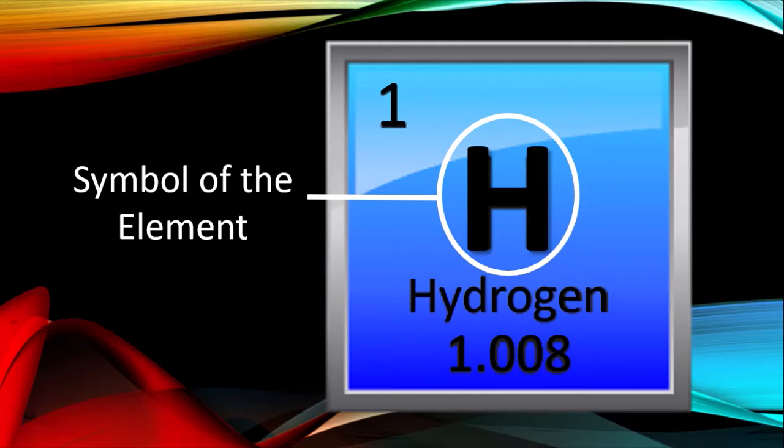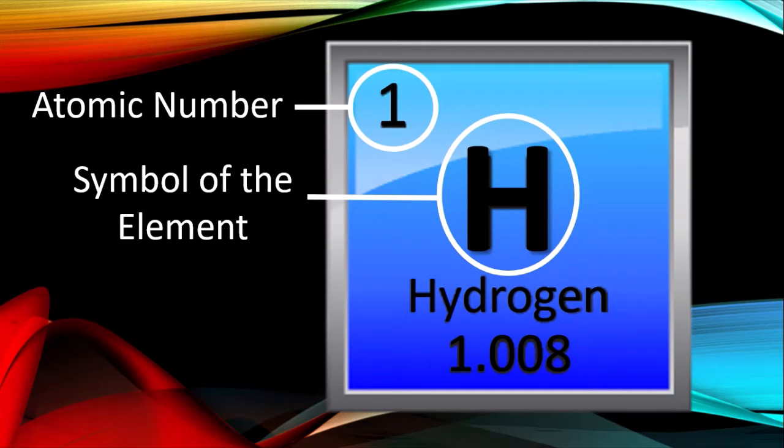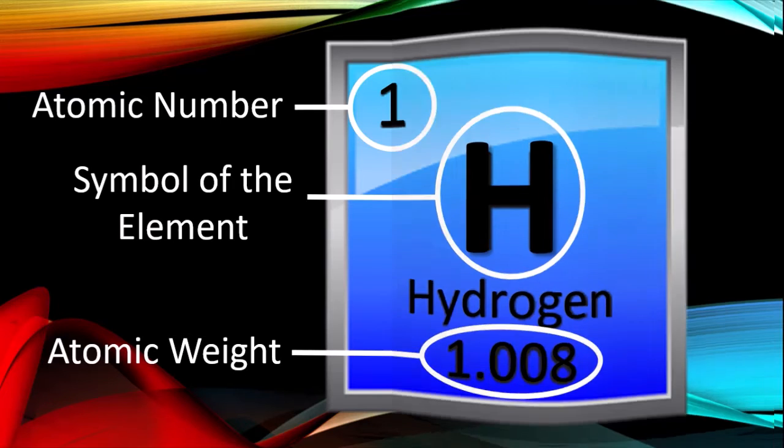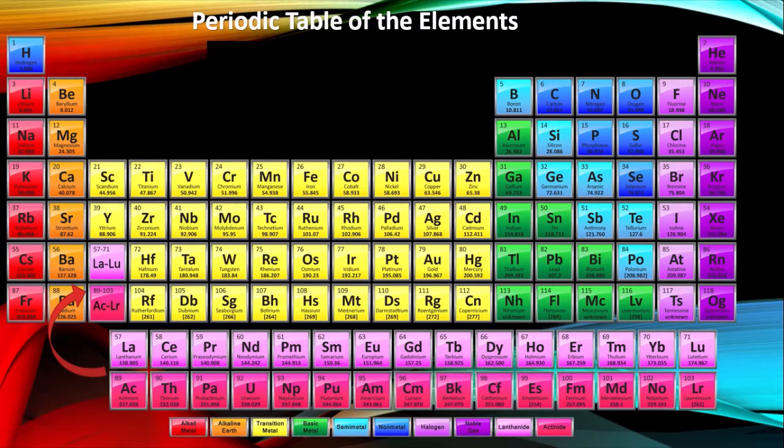The number at the top of the element is known as its atomic number. Hydrogen is the lightest element in the periodic table, so its atomic number is 1. The number at the bottom of the element is known as the atomic weight. Hydrogen's atomic weight is 1.008. Like that, all the rest of the elements have a symbol, atomic number and atomic weight.